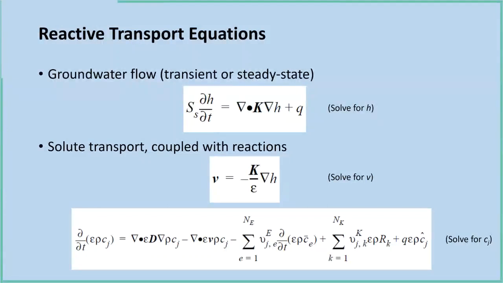The third equation is a complete expression for the advective dispersive solute transport equation, which includes source sink terms that involve mass transfer between gas or mineral phases and water, as well as surface reactions. Directly solving this third equation is what the one-step approach is all about, whereas the operator splitting approach breaks this into pieces. The take-home message here is that there is a lot of computational complexity involved in either case.